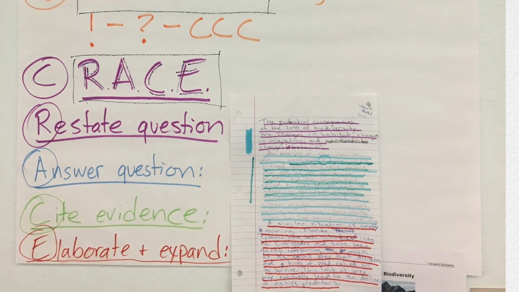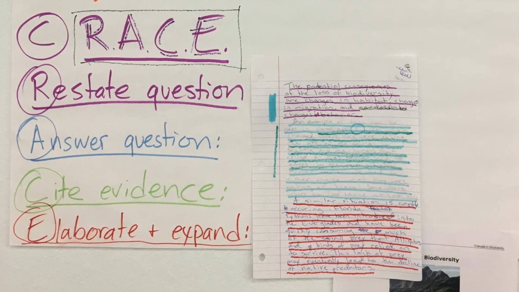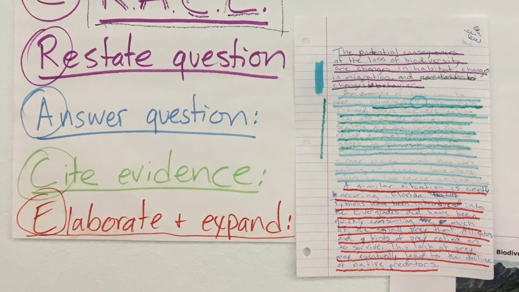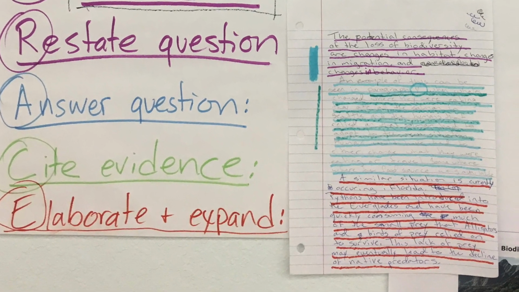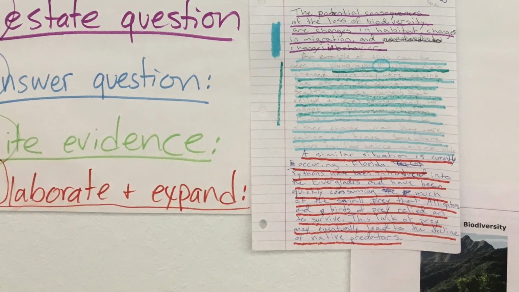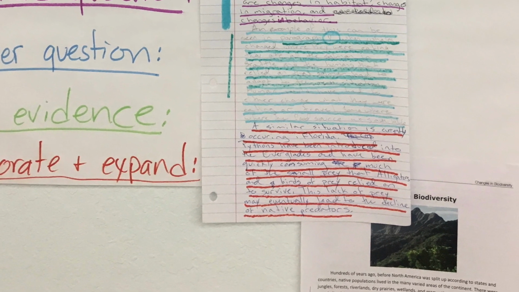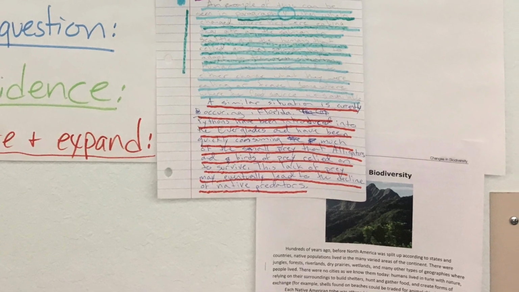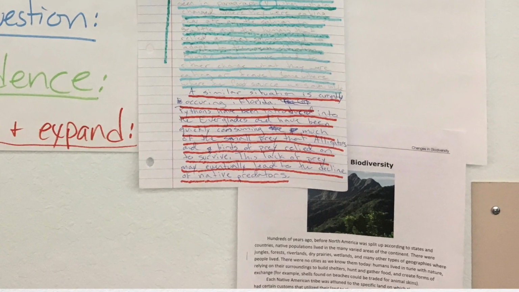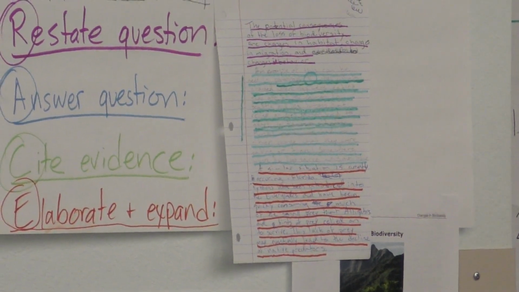And then I gave the evidence here in the green. And then I elaborated, because this was about whales and they eat up all the salmon. And then I tied that to the Everglades and the pythons in the Everglades, etc.